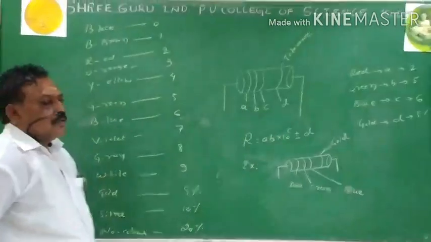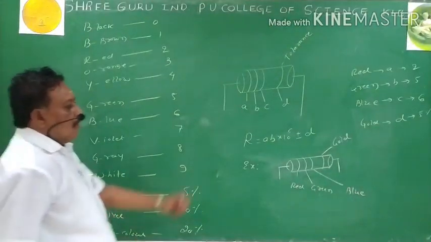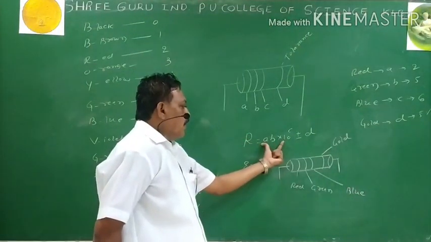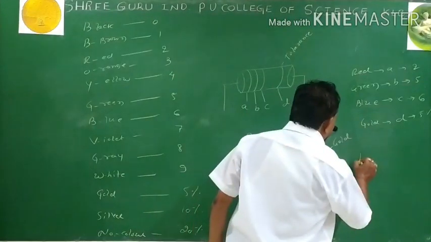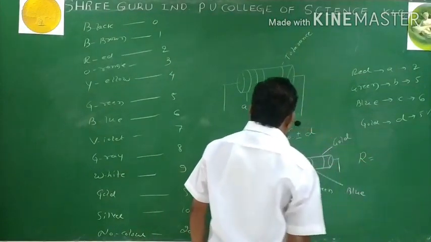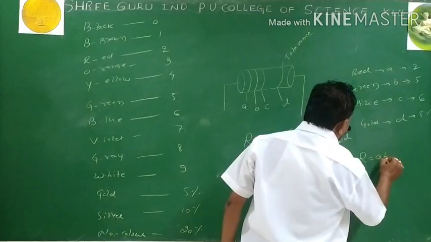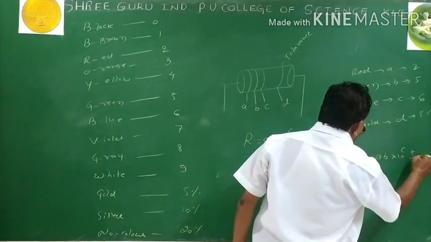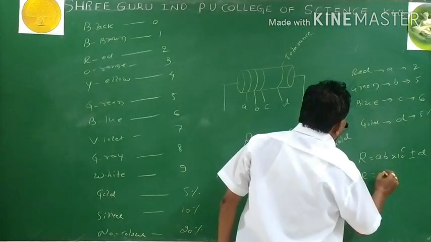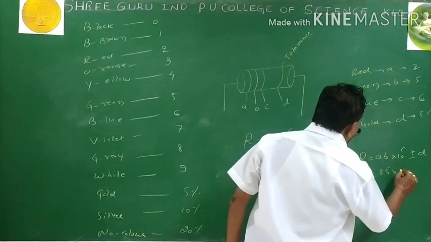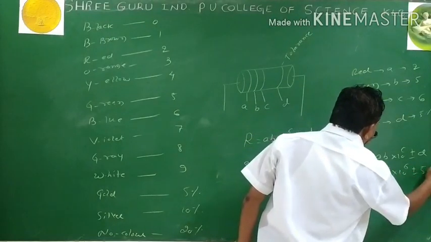Are you getting the point? So I take all the values and substitute in the equation for the resistance of the given carbon resistor. R equals AB into 10 to the power C plus or minus D. Then R equals 25 into 10 to the power 6 plus or minus 5%.